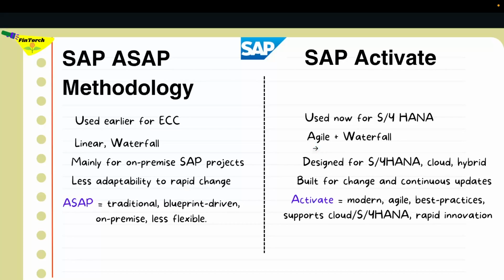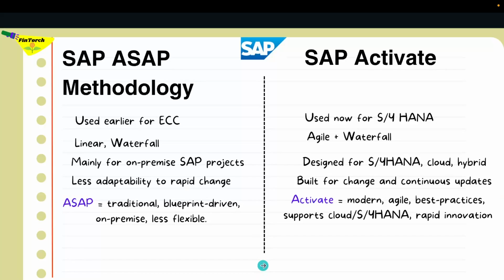Coming back to this topic, ASAP methodology is mainly for on-premise SAP projects, and Activate methodology is designed for SAP S/4HANA cloud and hybrid projects. ASAP is less adaptable to rapid change, and as I explained earlier, Activate is built for change and continuous updates.